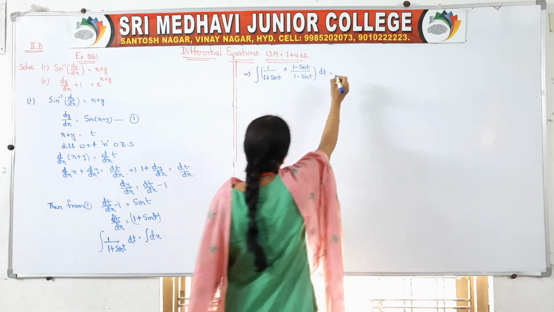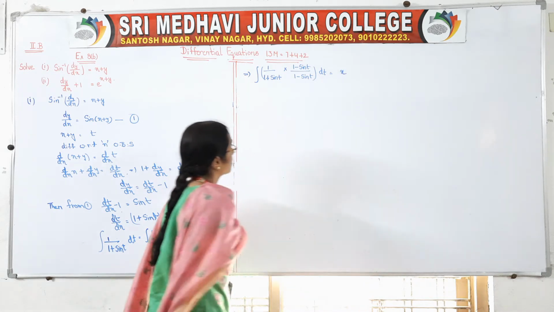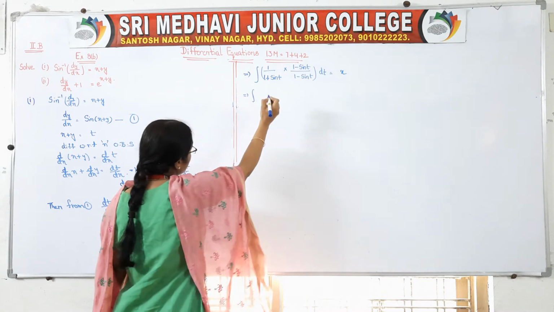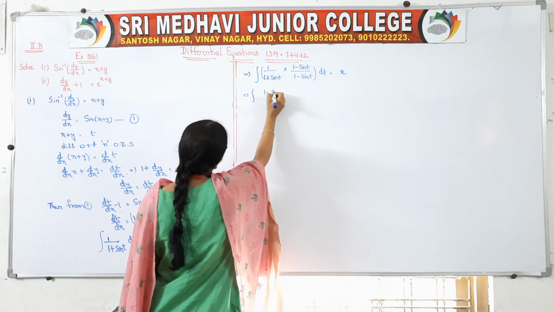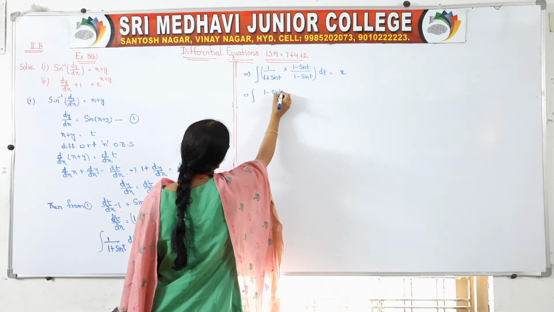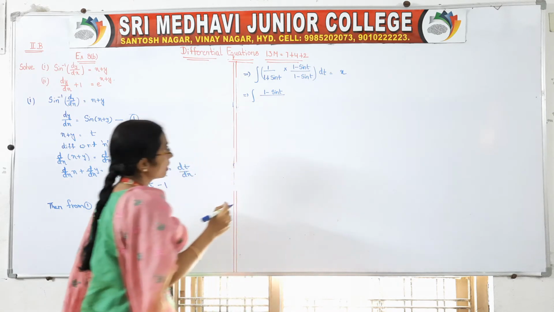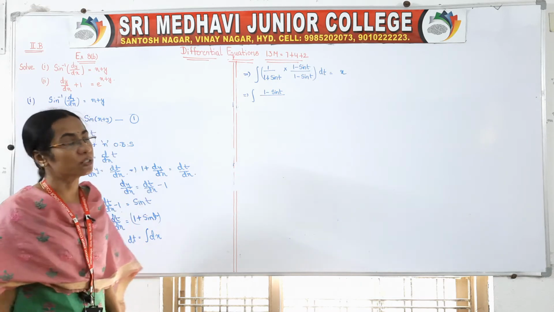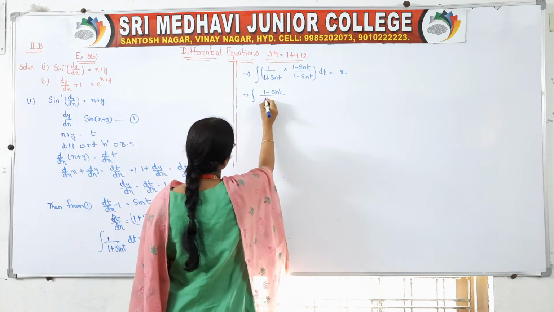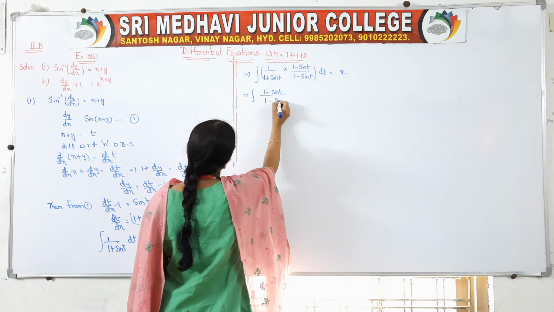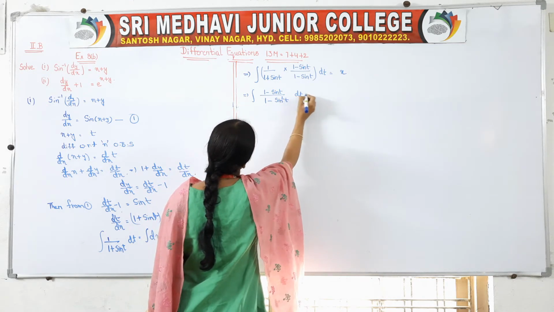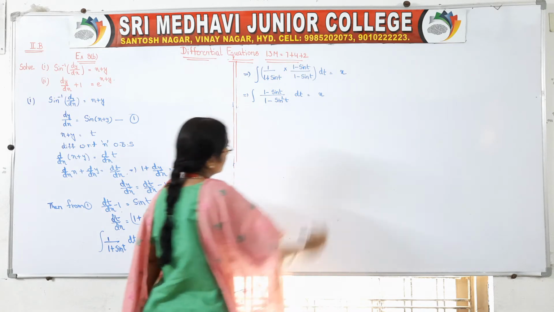So integral dx is x. Upwards 1 into 1 minus sin t is 1 minus sin t only, and downwards it is a plus b into a minus b, so a square minus b square form. It is 1 minus sin square t dt is equal to x.